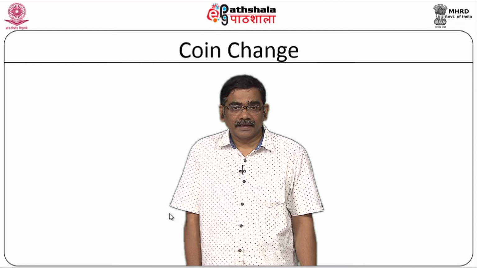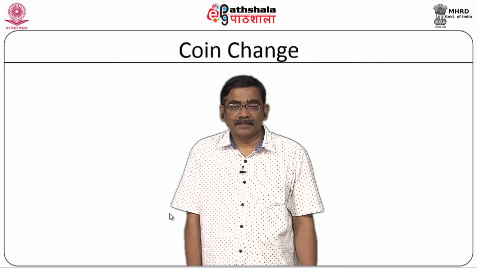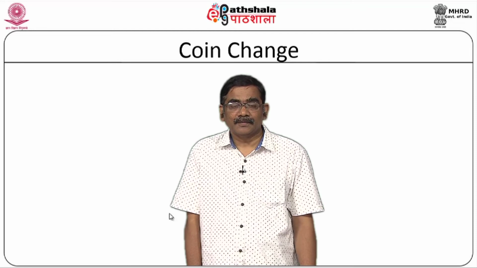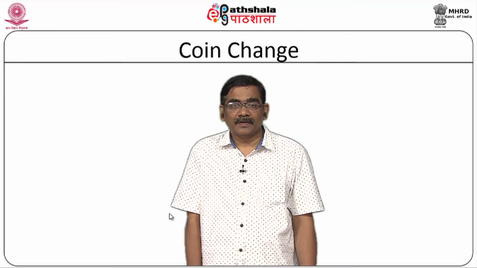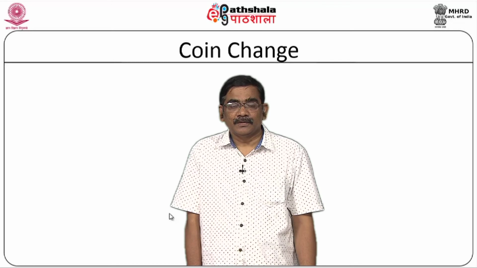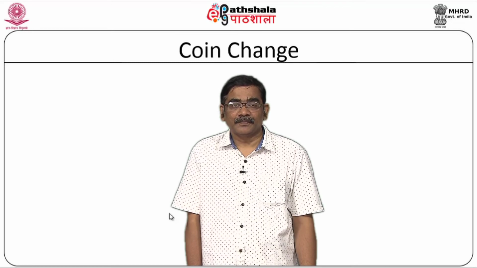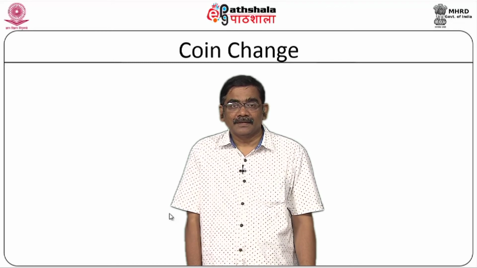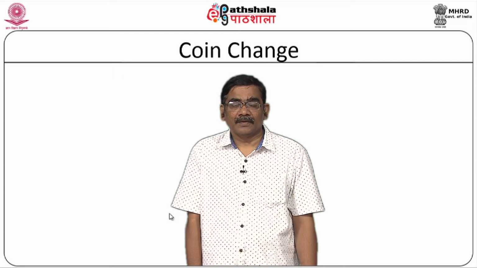All of us encounter the coin change problem in our day to day life. Let us assume that one of my friends is asking me for 273 rupees. Imagine like this, how am I going to fulfill his request?